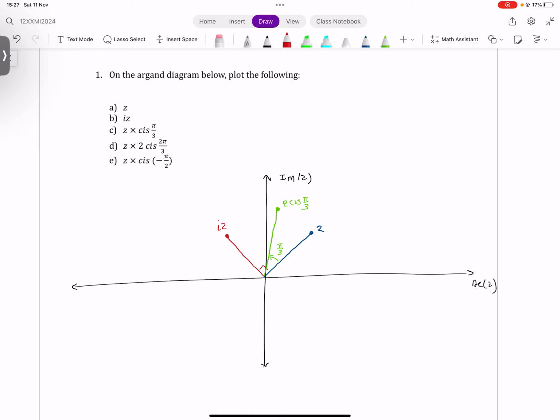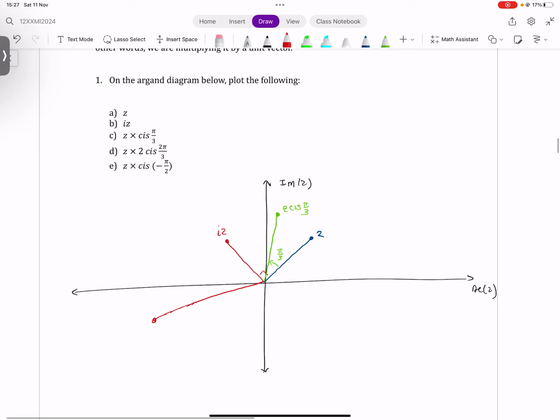So I reckon 2 pi on 3 might be like that, just a bit less than 180 degrees, but we're going to extend it and make it double the length because it's 2 times the modulus. So this is z times 2 cis of 2 pi on 3.